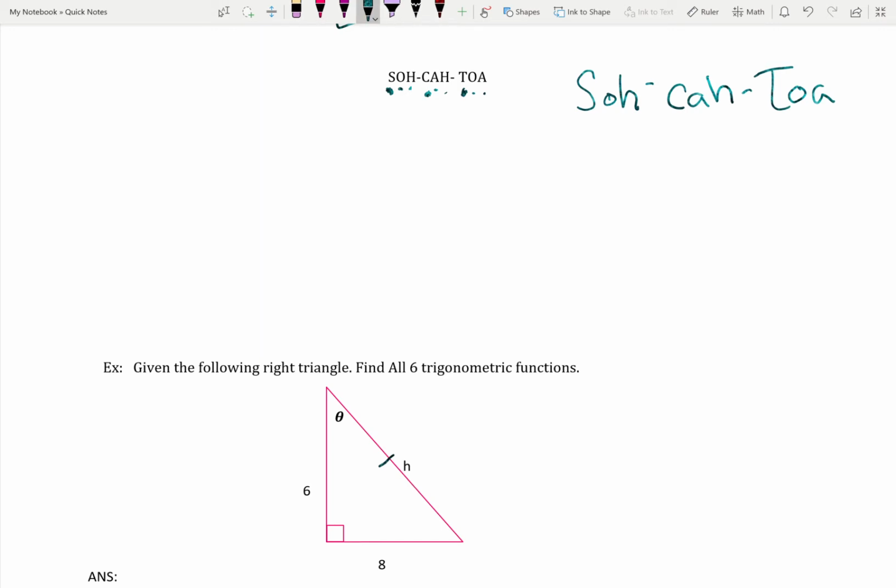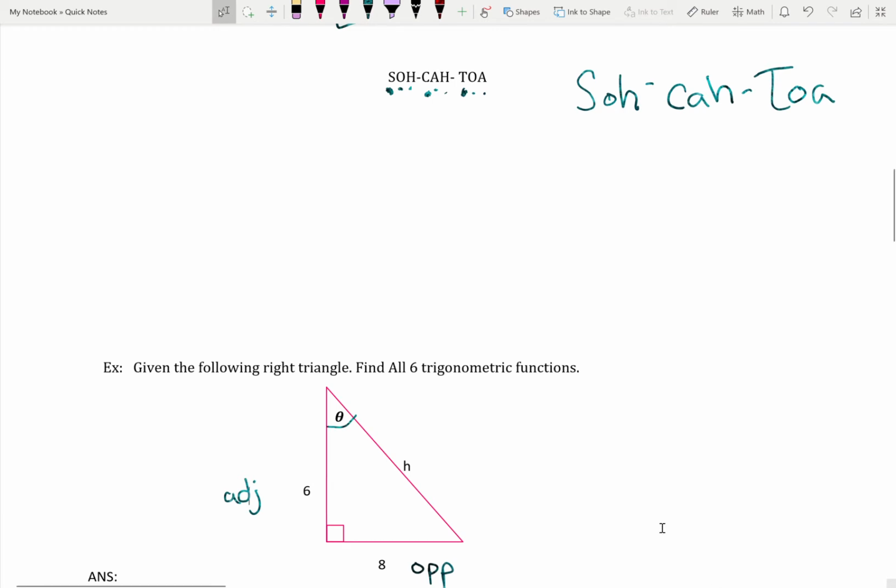But which one is our adjacent and which one is opposite? Well, if we're talking about theta here, the side opposite of theta would be 8. So this guy, 8, would be opposite, which leaves only 1 left for adjacent. This guy right here, 6, is the side that's adjacent to theta.